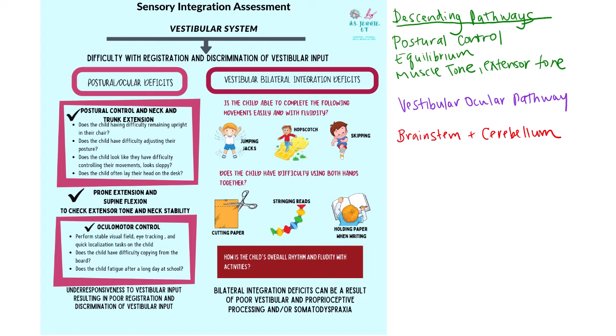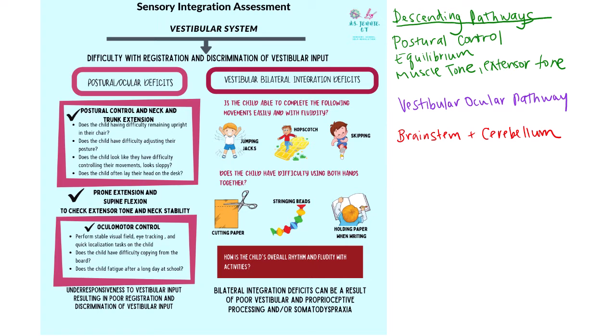And this system is, like I said in my last video, a very complicated system because there's a lot going on. Just with the neural pathways, you have your descending pathways that are going from the vestibular input up in the ear, and they're descending the spinal cord.